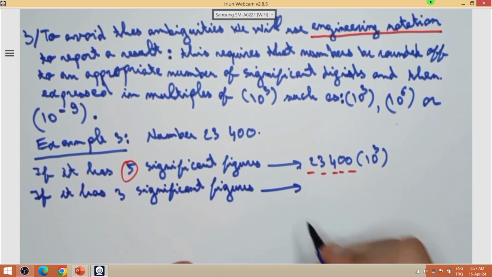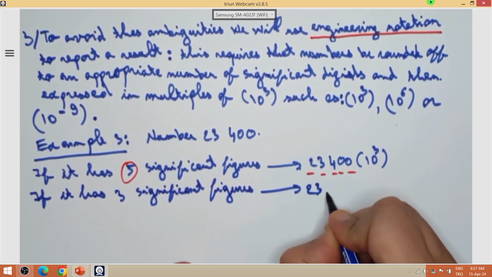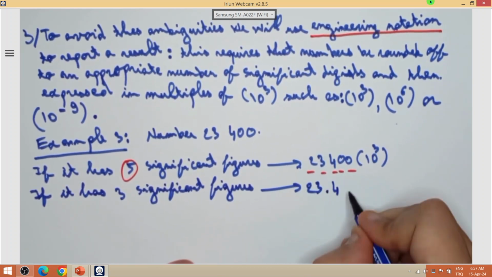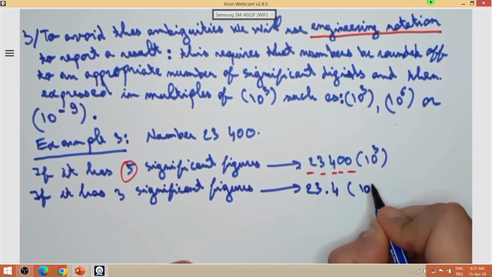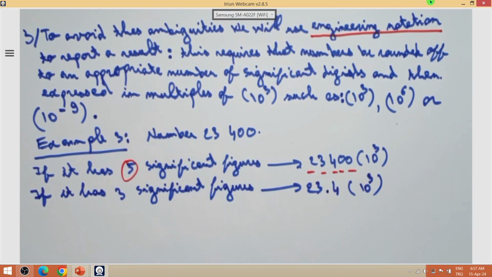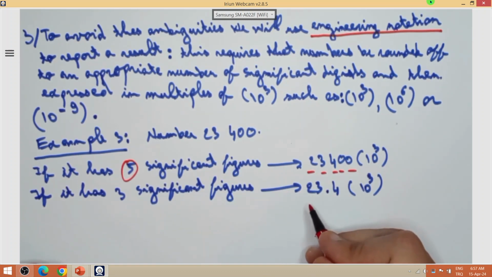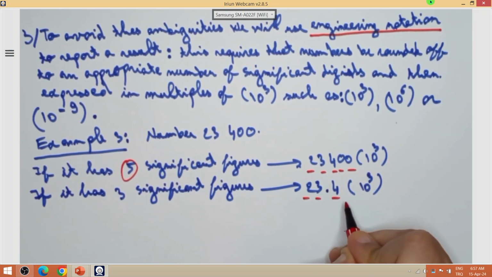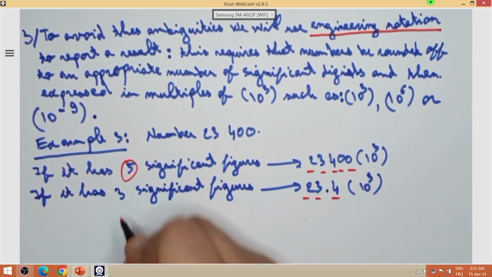We can write it as 23.4 times 10 to the power 3. So this is the engineering notation of the number 23,400, but when we write it in this way, it has 3 significant numbers. So 1, 2, 3, 3 significant numbers.